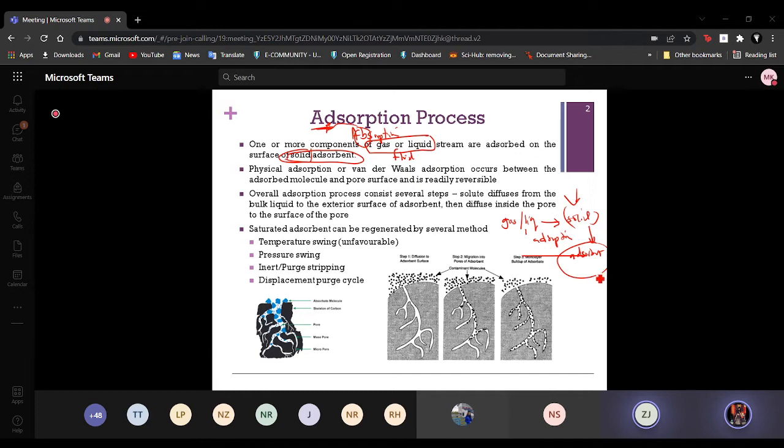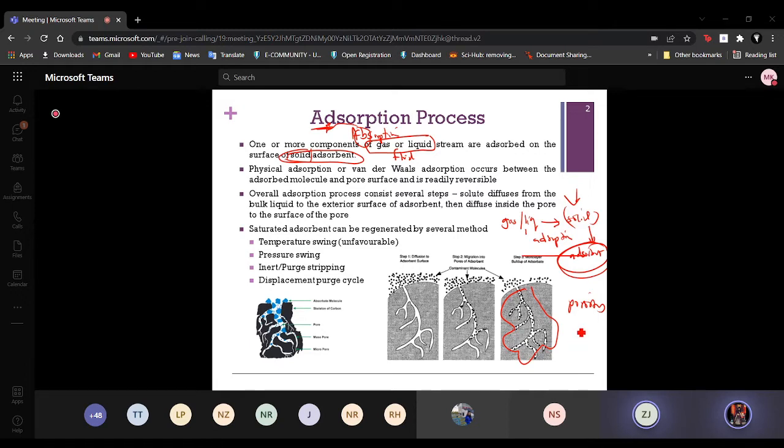The adsorption cannot occur. So this adsorbent basically has a special characteristic. What is the characteristic? It has what we call porosity. They must have this porosity. So what is the function of this porous structure in the adsorbent?